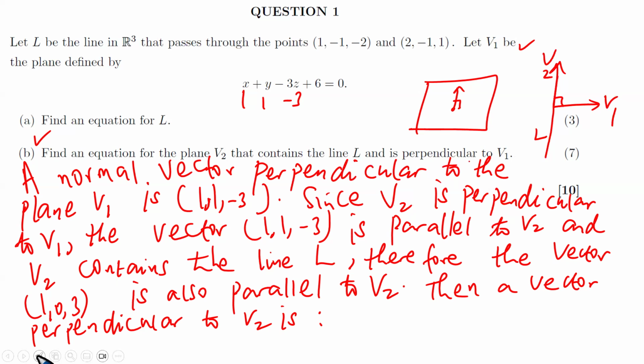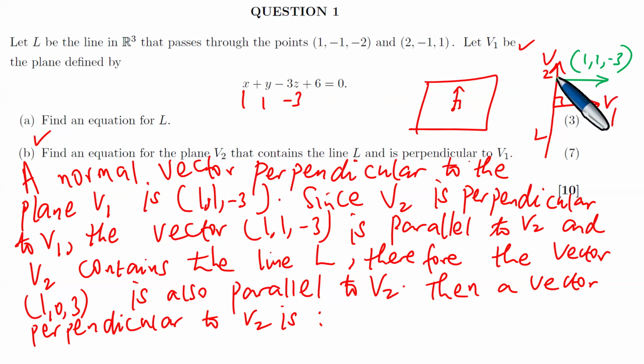Okay, this is good news because we're able to see that V2 has a normal, and the normal is the vector (1, 1, -3). Given a plane, the vector formed by the coefficients of x, y, z constitutes a normal vector perpendicular to the plane.